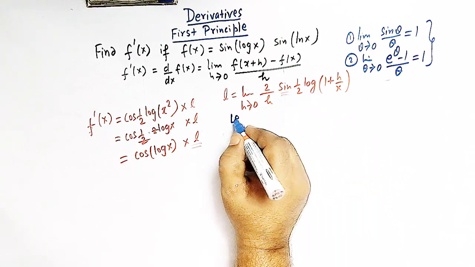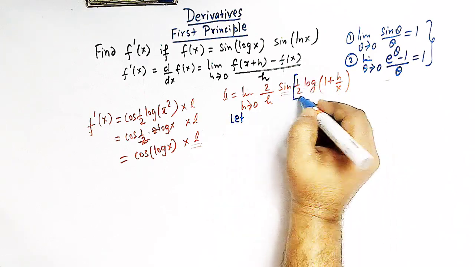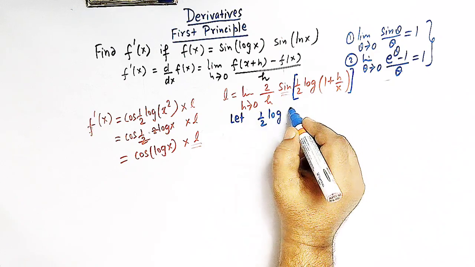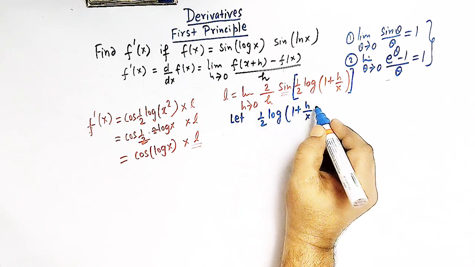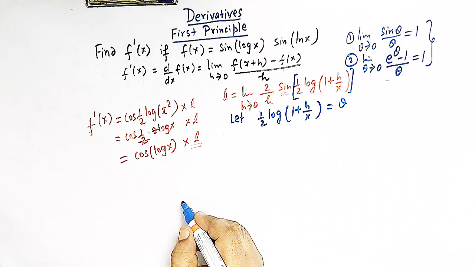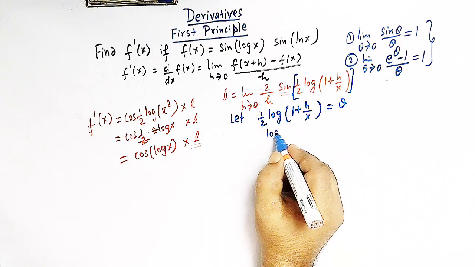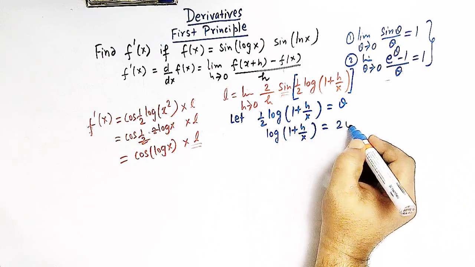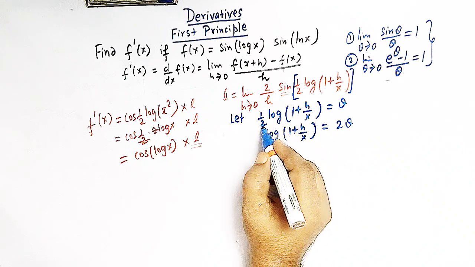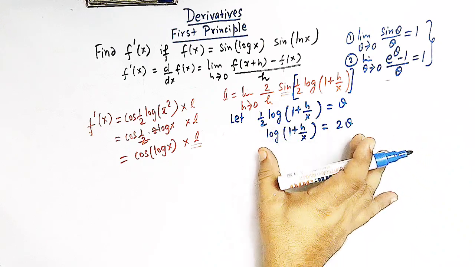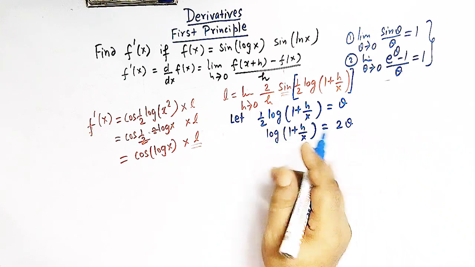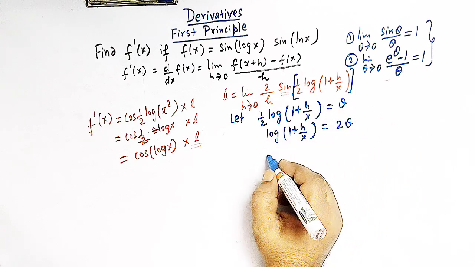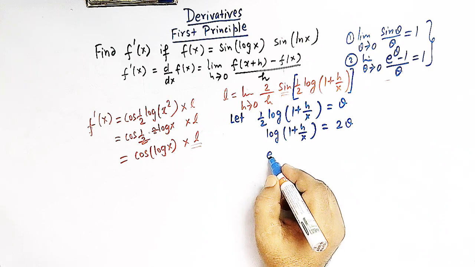So let us substitute here this term, that is half log of (1 + h/x), as theta, right? So we can now write log(1 + h/x) is equal to 2 times theta. So multiplying theta with this 2. Now we can express this equation in the form of an exponential equation by raising these two terms to the exponent of e.